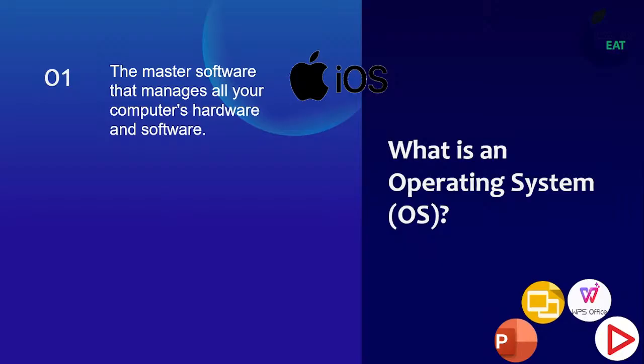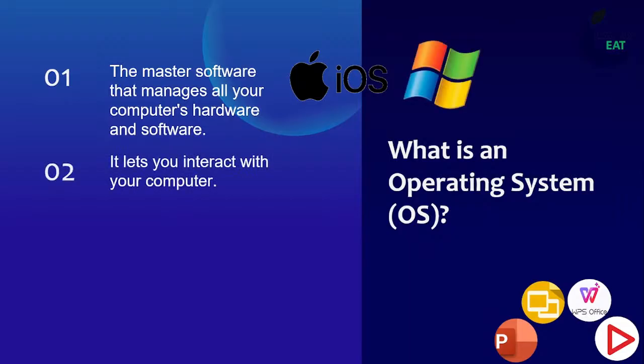So what exactly is an operating system? It is the master software that manages all your computer's hardware and software. It lets you interact with your computer. When you send in information, it interacts with the hardware to give you an output.